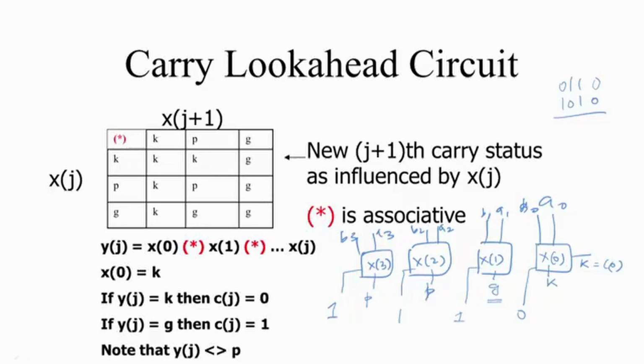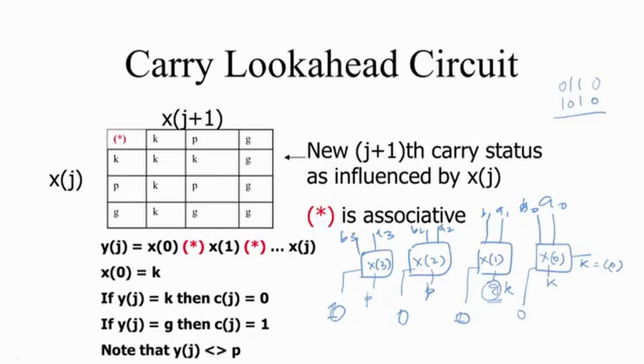So from every propagate I can go to the last, but if this was kill, say for example if this is kill, then this would have been 0, this would have been 0. So at any point when any of the stages is kill, from there it starts sending 0. If any of the points is G, then it starts sending 1.